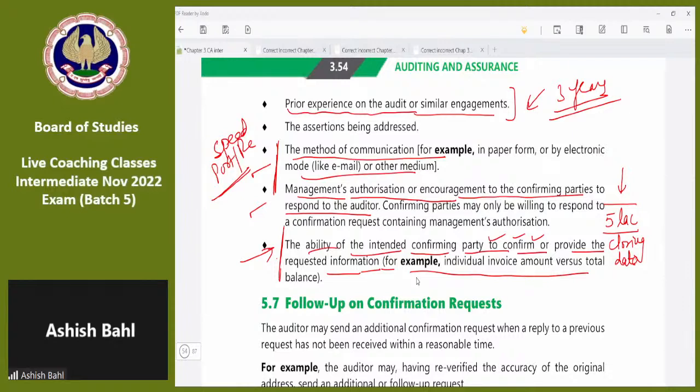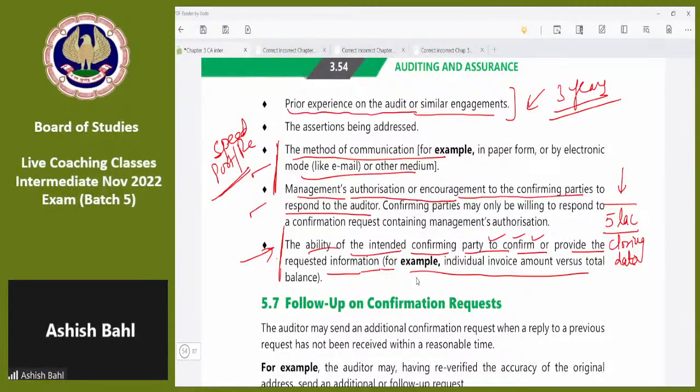Now Janvi is asking, external confirmation can be asked once at the assertion level and again during the audit process. Now Janvi, we had read about external confirmation as an audit procedure.